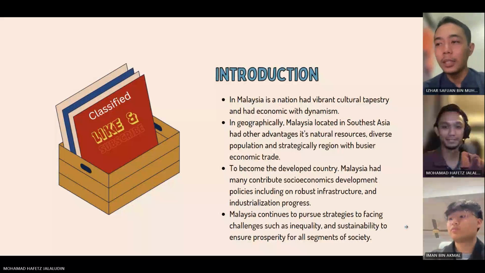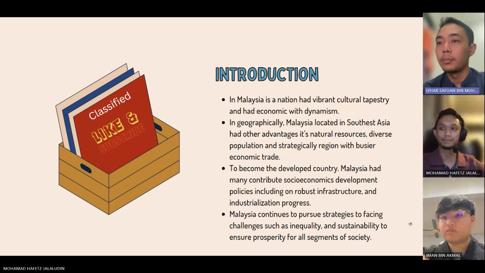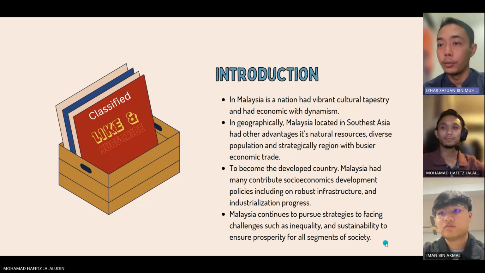So Malaysia is a nation with a vibrant cultural tapestry and a dynamic economy. Geographically, Malaysia is located in Southeast Asia and has the advantage of natural resources, a diverse population, and a strategic region with busy economic trade today.